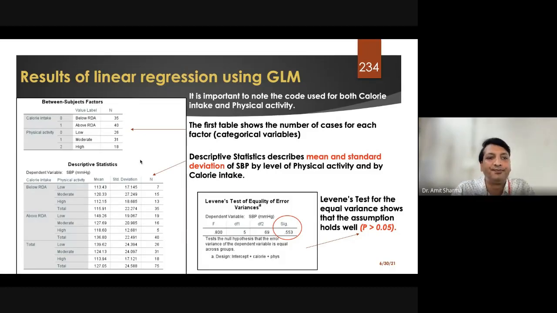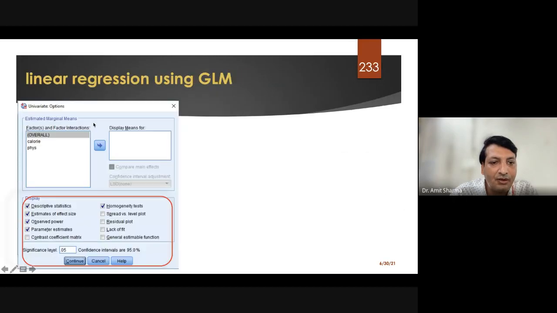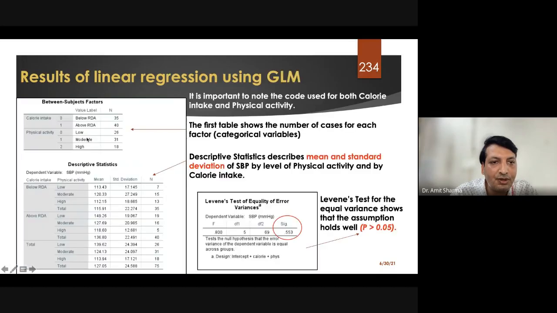Now, see, this is the first table called between subject factors. You have clicked on the descriptive statistics. That's why these two tables have been made by the software. Now, what is the first table representing? The first table is representing the codes given by you.